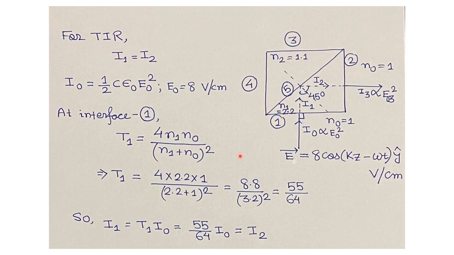If we put the values for N0 and N1 in this formula, we get T1 is 55 by 64. So we get the transmittance for the interface of region 1 and this region. So the transmitted light from region 1 to this region of the slab is given by I1 equals T1 multiplied with I0, that is 55 by 64 into I0, which is your I2, because our I1 equals I2 in this region because of total internal reflection.